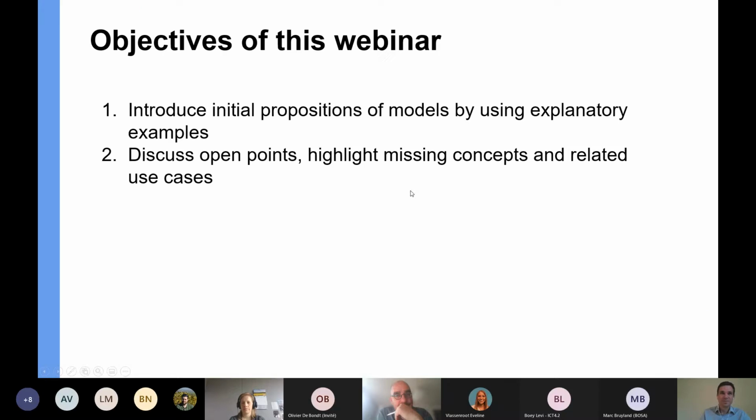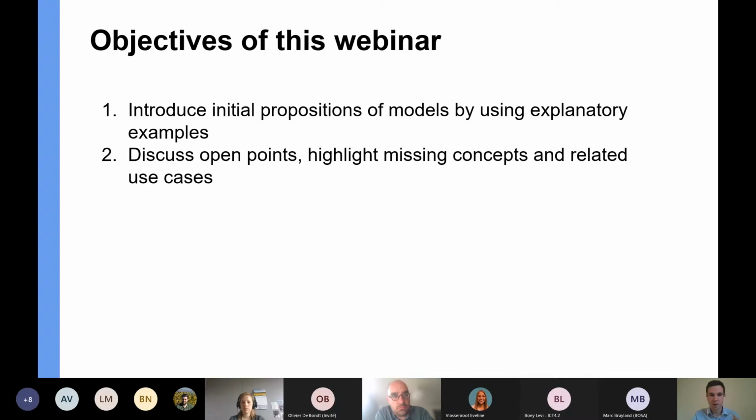Similarly to last time, what are we doing here? We are trying to develop two data models. They are connected to each other, but they serve slightly different objectives. We are trying to develop the public service model and the public organization model. And what does it mean developing a model?